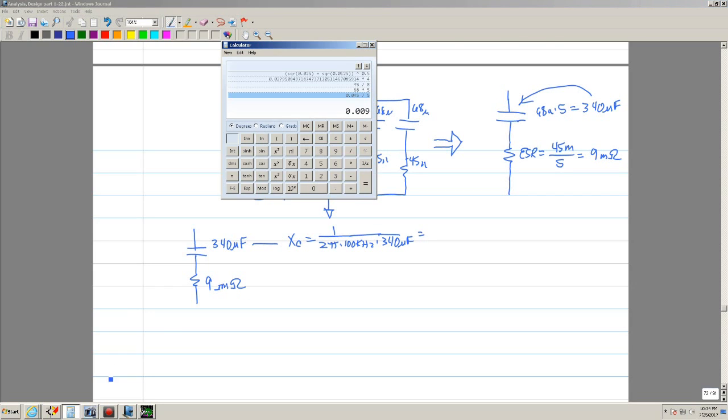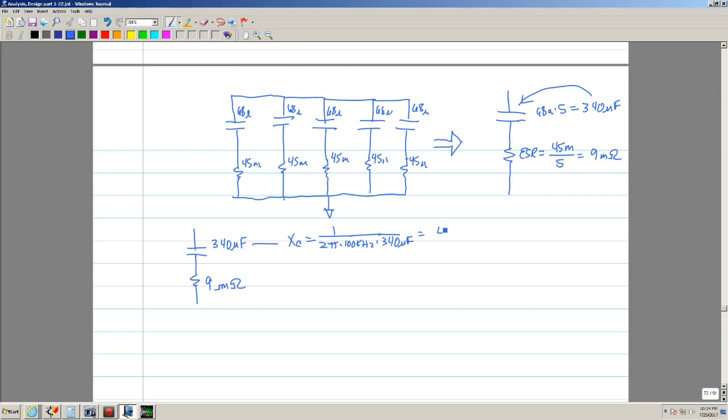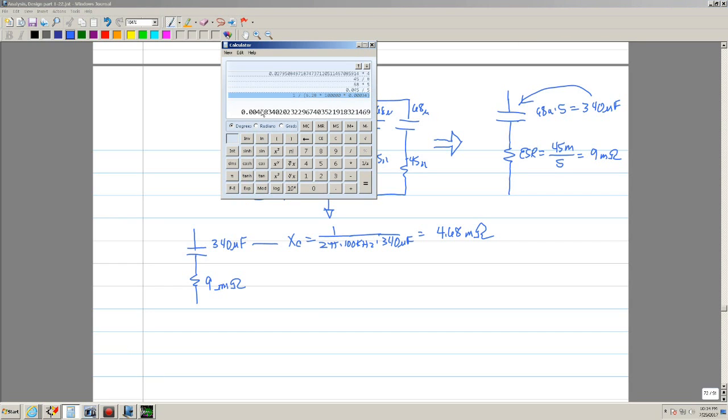We're going to say that's 1 divided by 6.28 times 100 times 340. So the reactance is only 4.68 milliohms. Is that what I got? Yes. And it's in series with this.